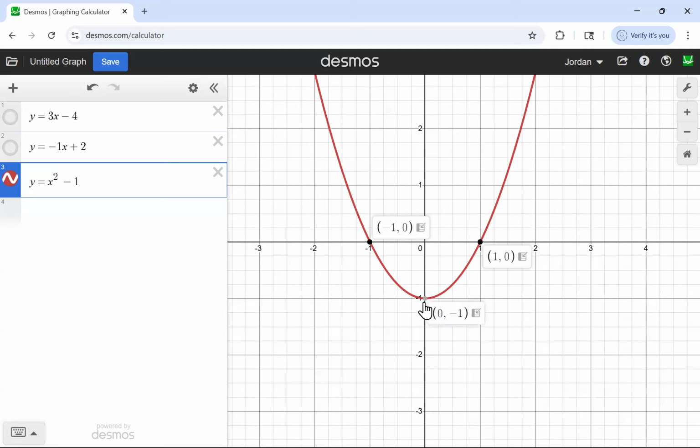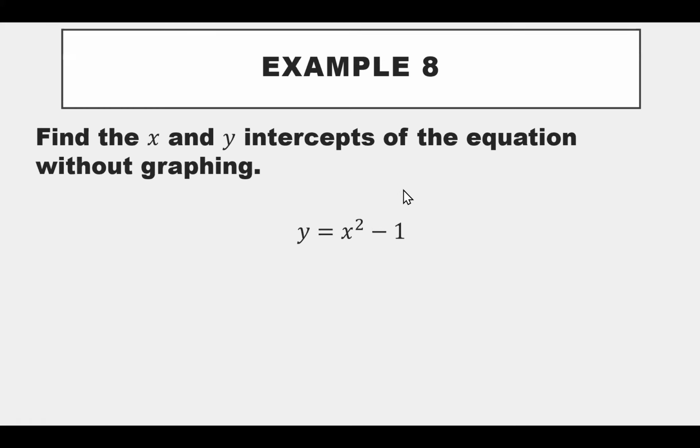And then the place it crosses the y-axis is at (0, -1), just like we found out algebraically. So all three of these examples matched up with what we had graphed earlier.